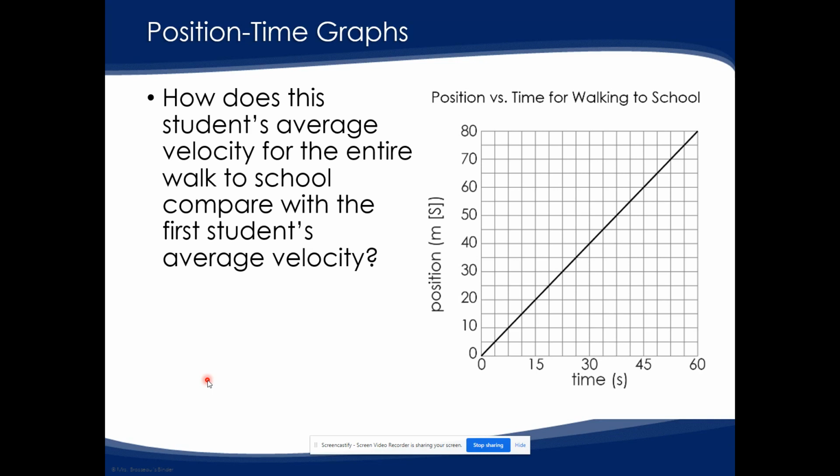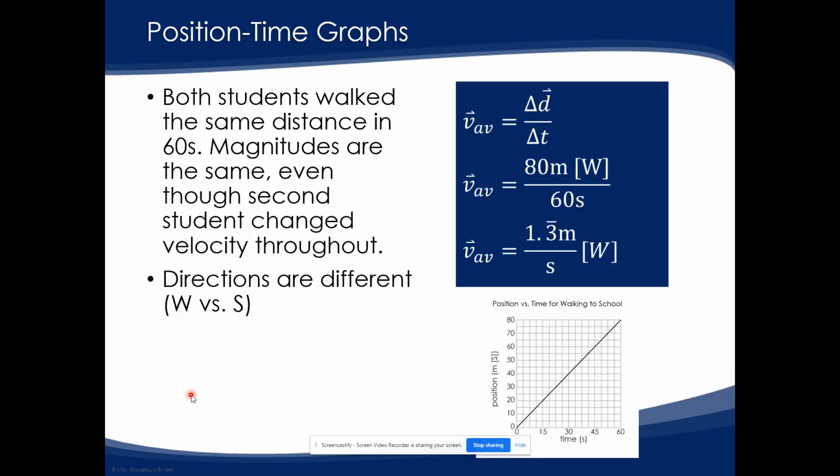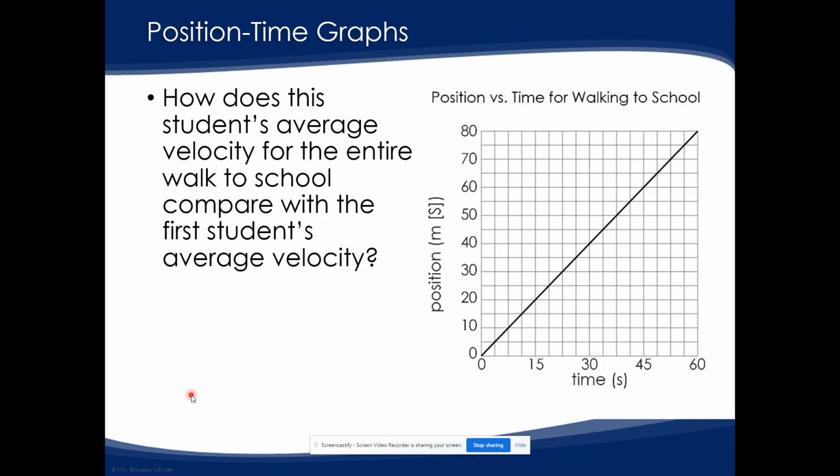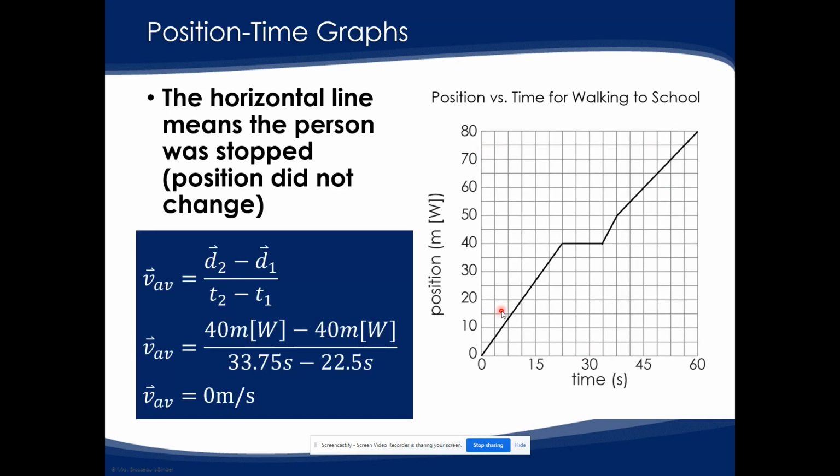So how is this student's average velocity for the entire walk to compare with the first student's average velocity? While this is a bigger graph, I'm going to stay here for a second. Our first student walked 80 meters in 60 seconds. So did this graph.